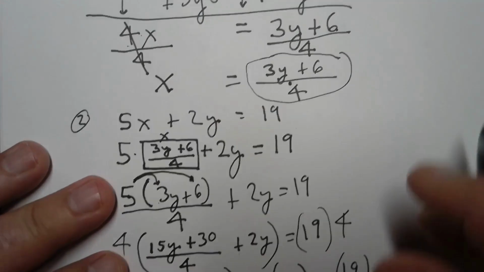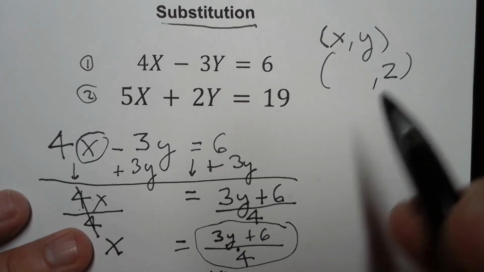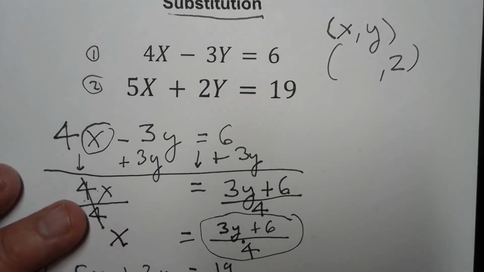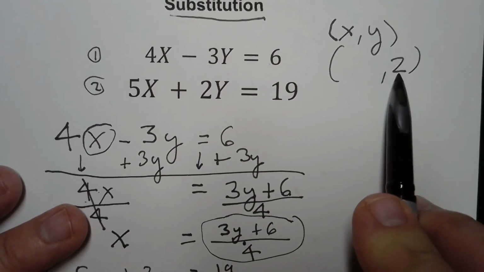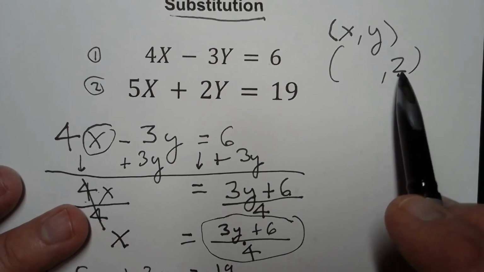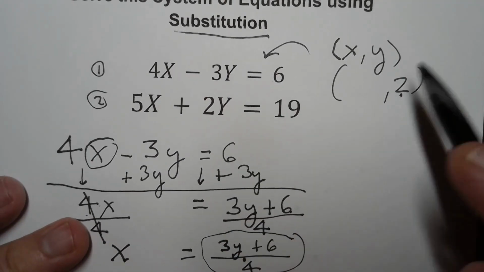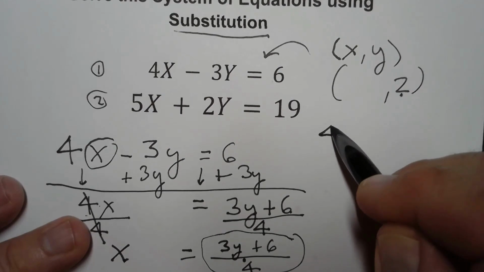So I'm going to go up here, and I'm going to write that down up here. 2. My y is 2. I still have to find my x. How would I find my x? Well, very simply, I'm going to take my y that I found, the 2, and I'm going to plug it back into one of the equations. In this case, I'm going to plug it back into equation 1. Since we did all this work with equation 2, let's plug it back into equation 1. So I'm going to recopy down equation 1.